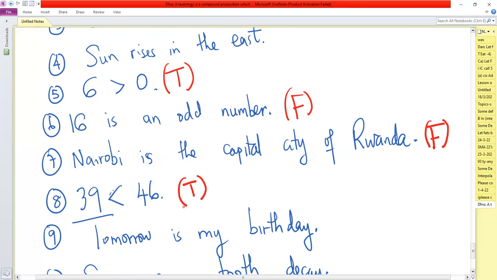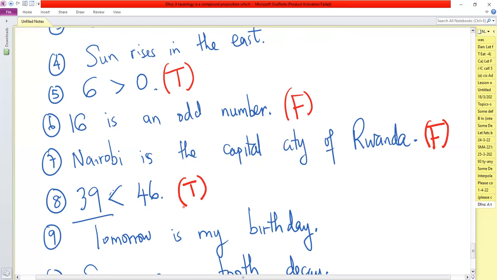So when someone says tomorrow is my birthday, depending on the person saying it, it will have just one answer, either true or false. For someone who indeed has a birthday tomorrow, the truth value will be true, but for any other person, the truth value will be false.